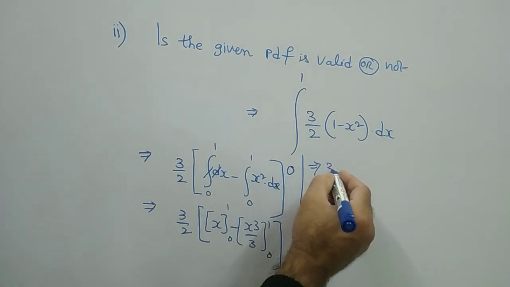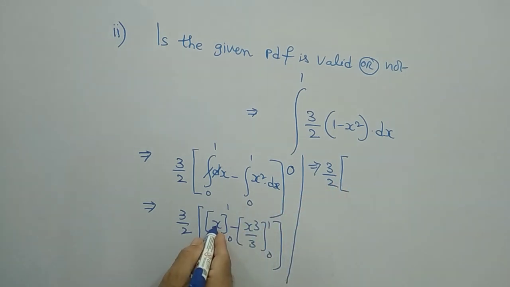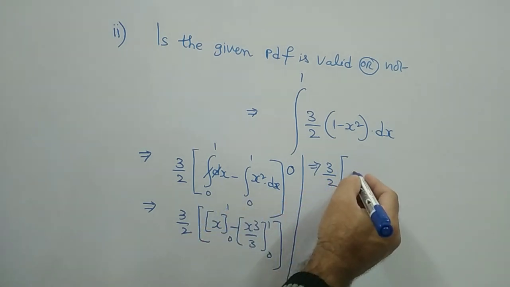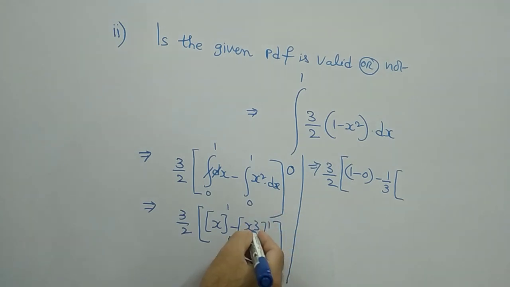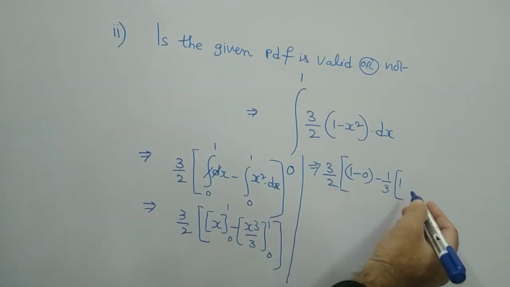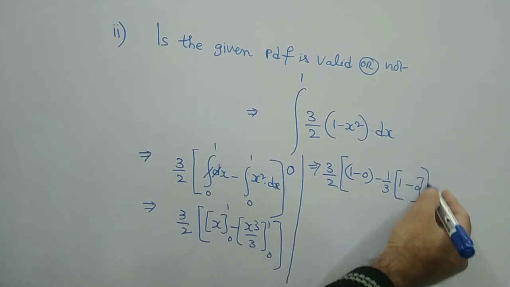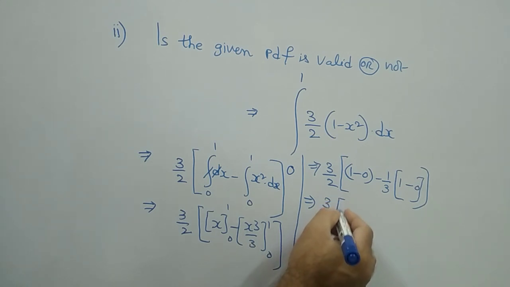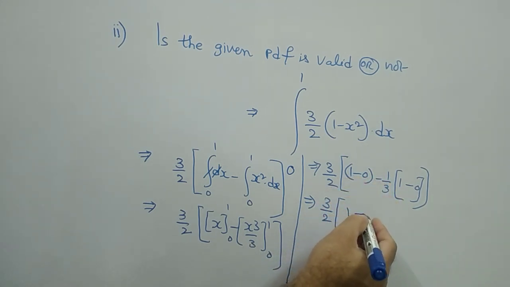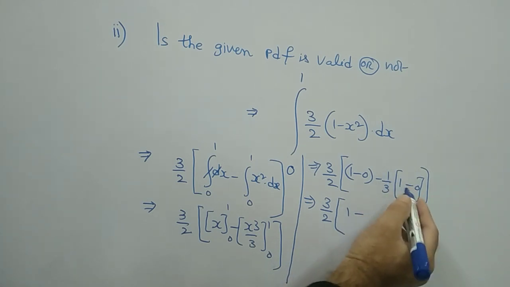And this implies the second step. It is 3 by 2 of x, so in place of x, substitute upper limit minus lower limit. It is 1 minus 0, upper limit minus lower limit, minus 1 by 3, and 1 cube by 3 is 1 by 3, minus 0. Therefore, this is equal to 3 by 2, and then 1 minus 0 is 1, minus 1 by 3.